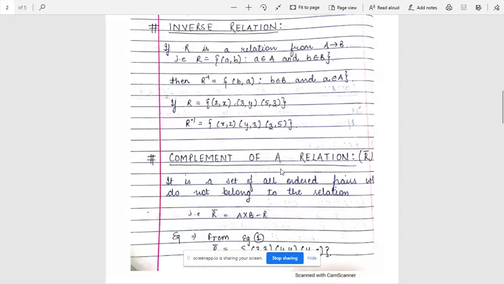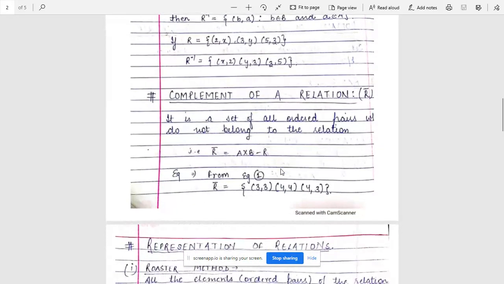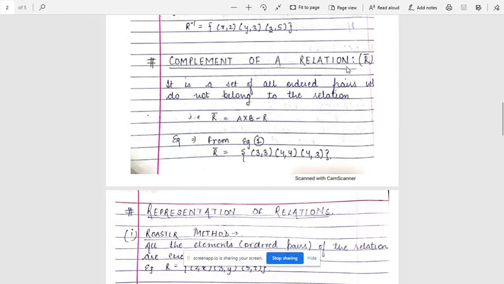Now next point, that is complement of a relation. This is the definition of complement of a relation, denoted by R bar or R dash. It is the set of all ordered pairs that do not belong to the relation. So R bar is A cross B minus R. So if your relation is the one defined in our first case, then R bar will be (3,3), (4,4), (4,3), because these elements are not in our relation.